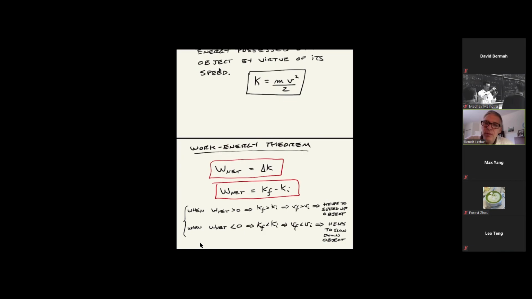Helps is not a very good term here, because what changes the velocity of an object is really the forces, right? But when the net work is positive, it means that the object speeds up, and when it's negative, it slows down.